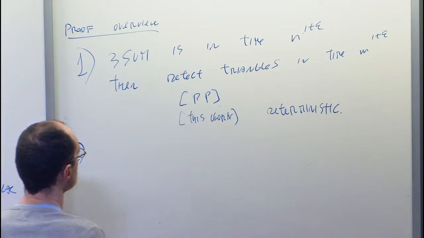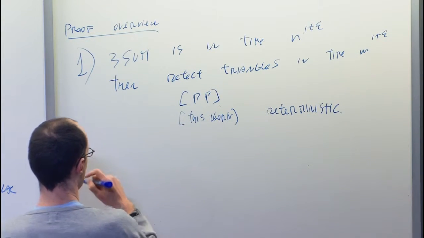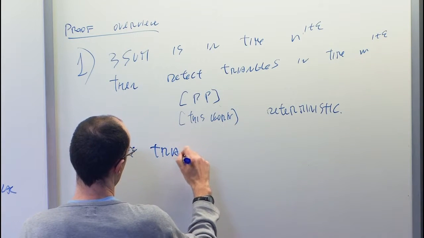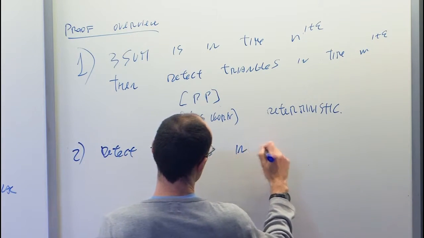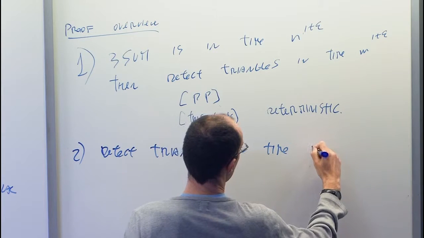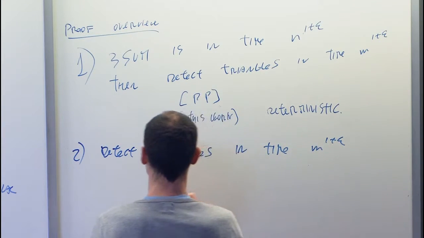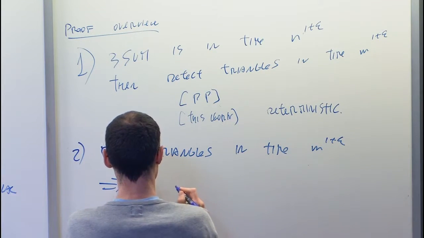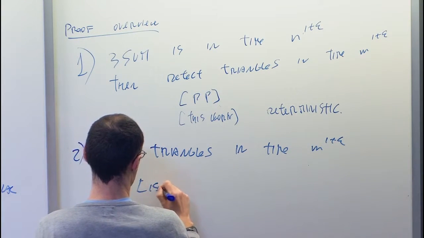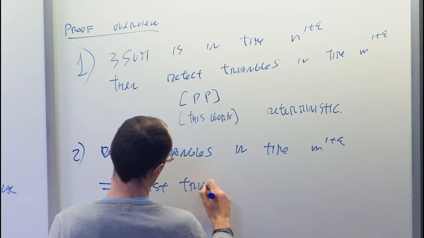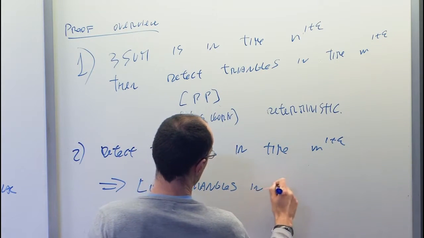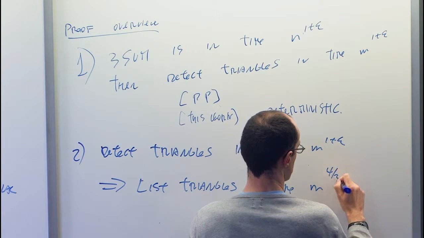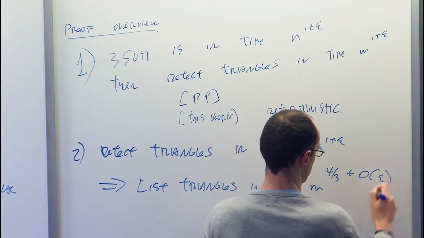And the second step, which may be the more interesting one, shows that if you can detect triangles in time m to the 1 plus epsilon, then you can list triangles in time m to the 4/3 plus order of epsilon.